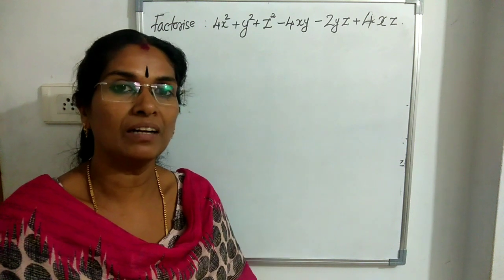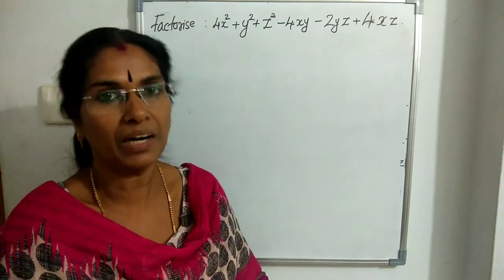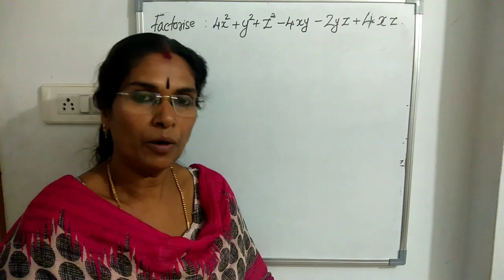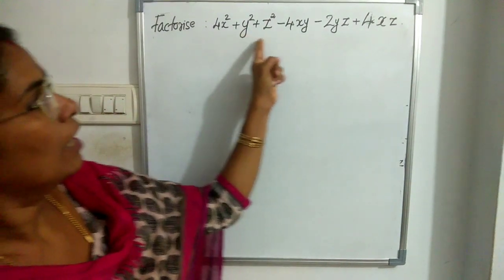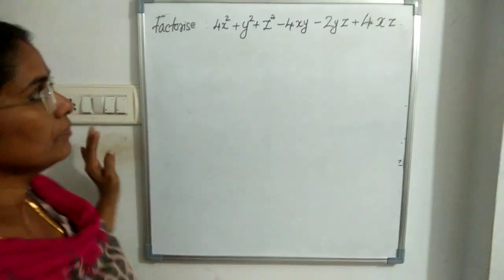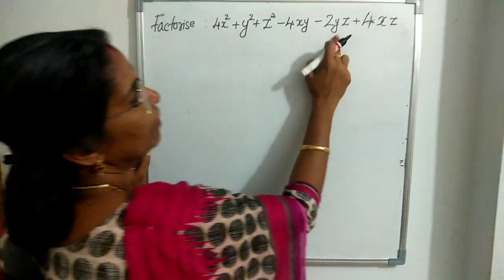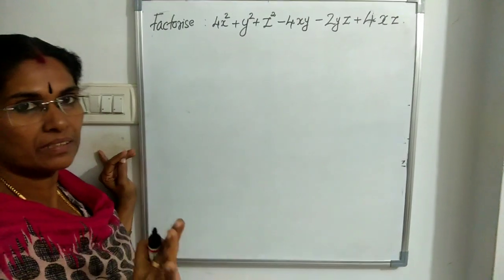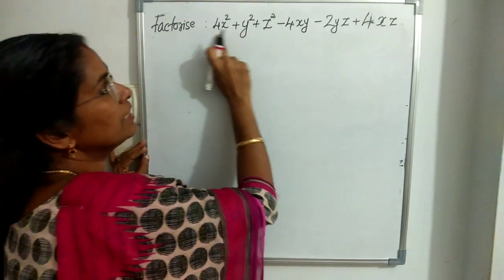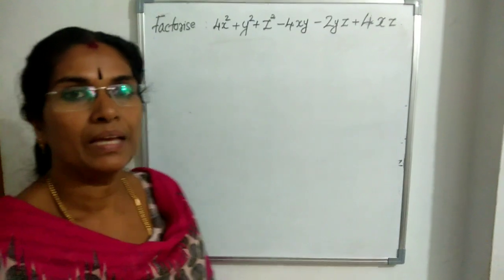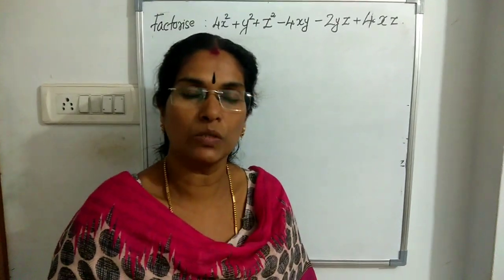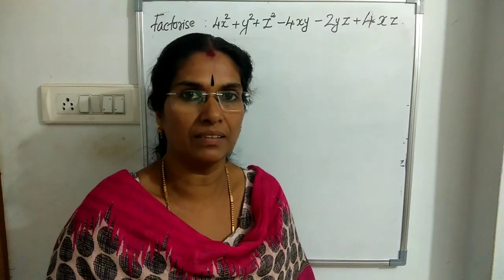But after learning all the identities, it will cause confusion, so don't get confused. You have to think. First you have to count how many terms are there: 1, 2, 3, 4, 5, 6. 6 terms. And the first 3 terms are perfect squares, meaning it is in the form a plus b plus c whole square. That will be the factors.